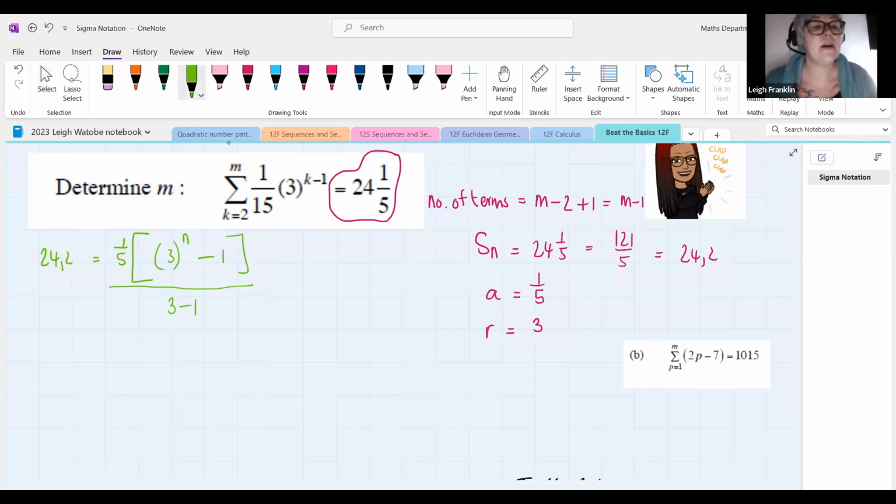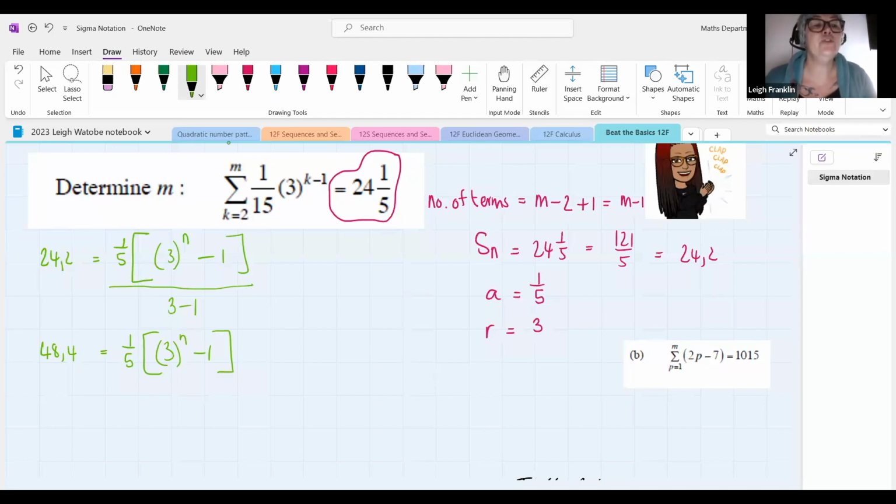This is going to give us 48.4 is equal to 1/5 times 3 to the n minus 1, like so. I've cross multiplied. Is everybody seeing that? You happy with that? I've cross multiplied the 2 at the bottom with the 24.2.